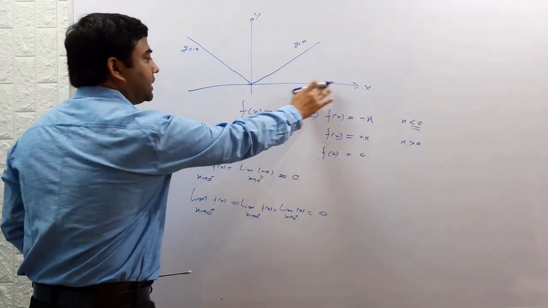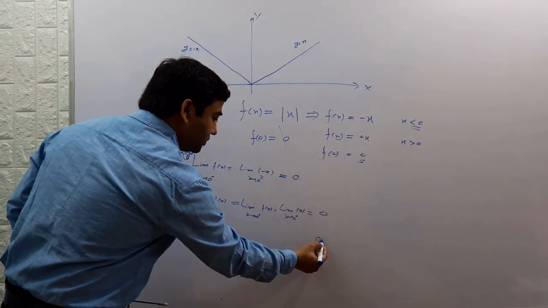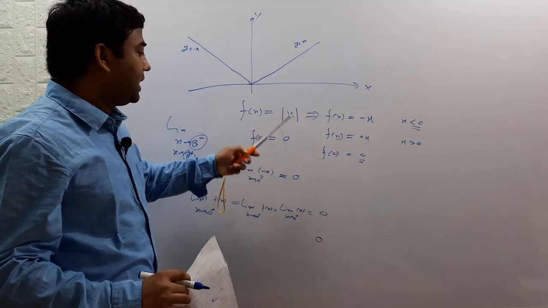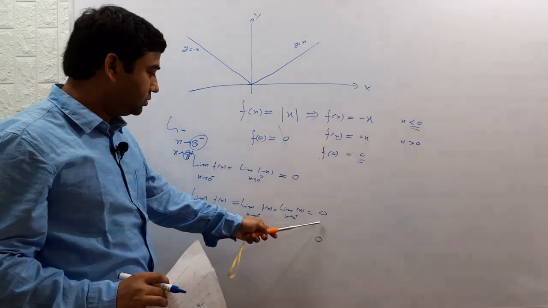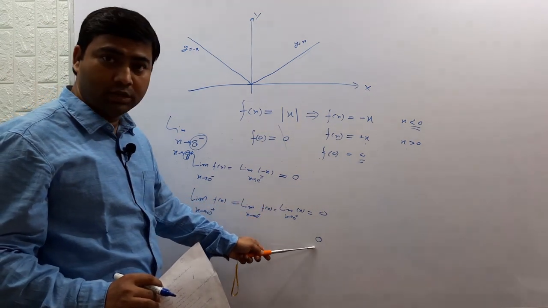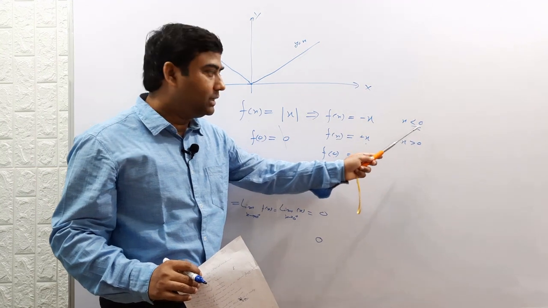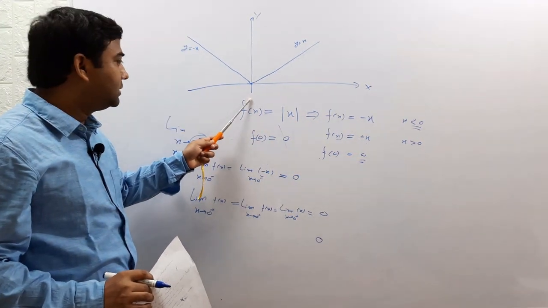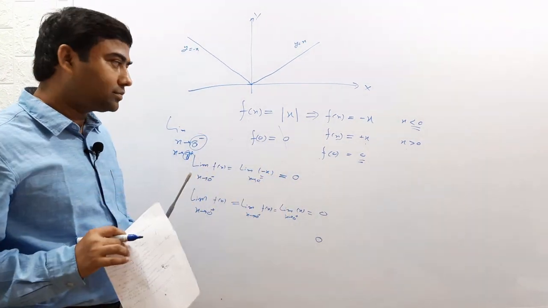Left hand limit is 0, right hand limit is 0, and the value of the function is also 0. All three values are 0, so the function will attain a single value 0. It will converge to 0 when x tends to 0 from the negative side, x tends to 0 from the positive side, and the value of f itself is 0.